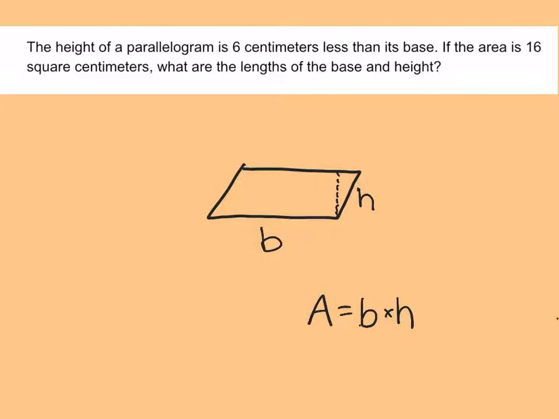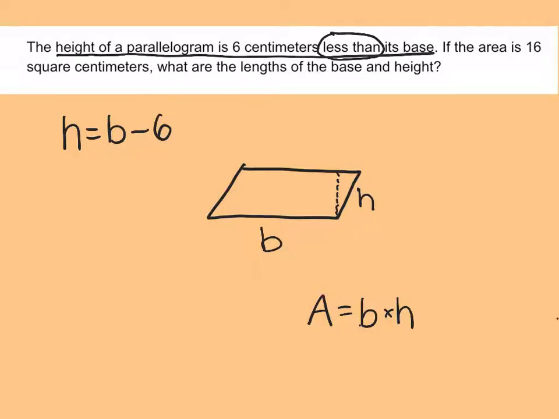This is where we use what we learned earlier in the year about representing situations with equations. I can represent this by saying the height equals 6 centimeters less than its base. Less than, hopefully you remember, is a key word that tells us we need to switch the direction, meaning it's going to be b minus 6.